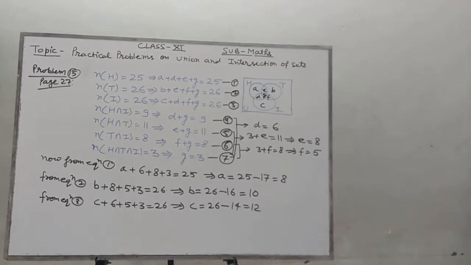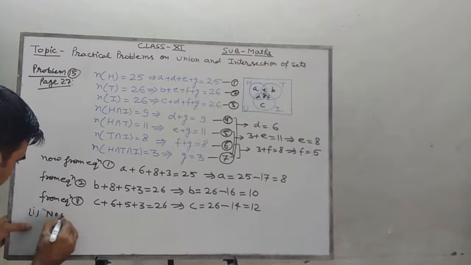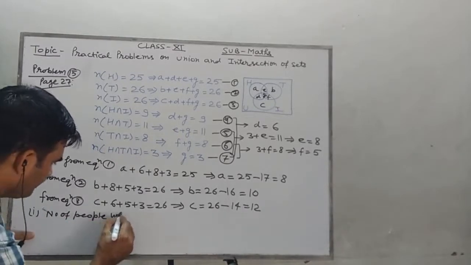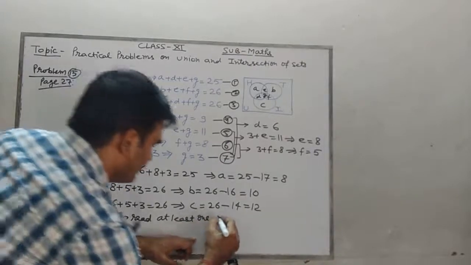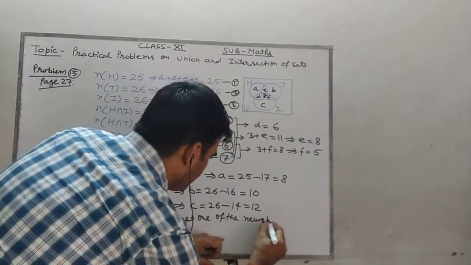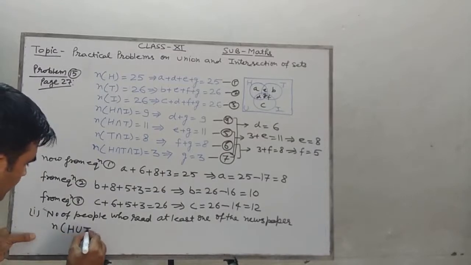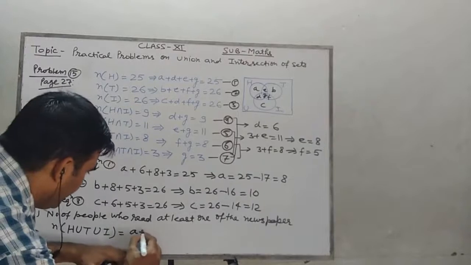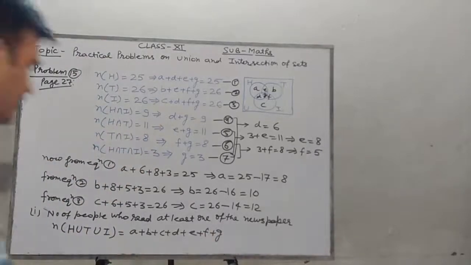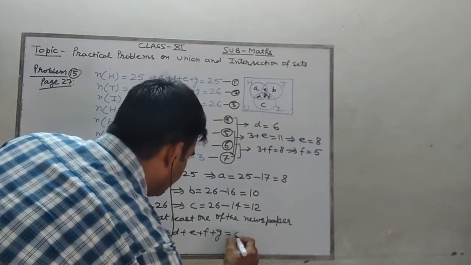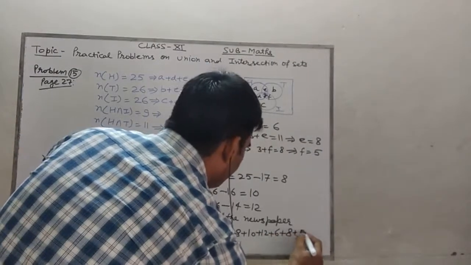In the first part, the number of people who read at least one of the newspapers is given by the number of elements in H union T union I, and this will equal A plus B plus C plus D plus E plus F plus G. Put their values, we will get 8, 10, 12, 6, 8, 5 plus 3.